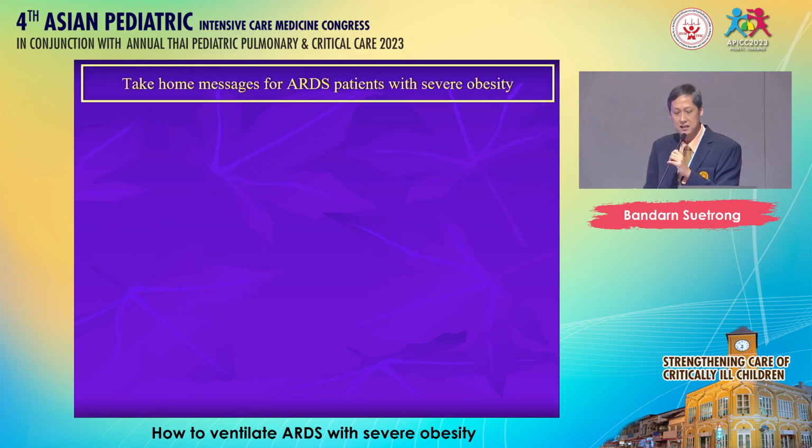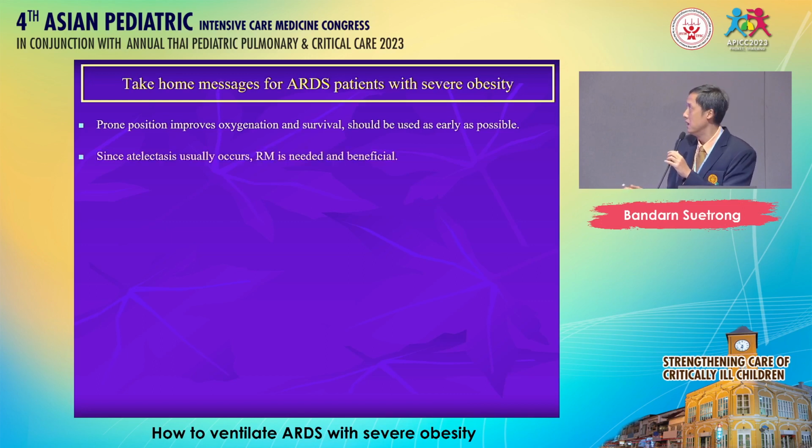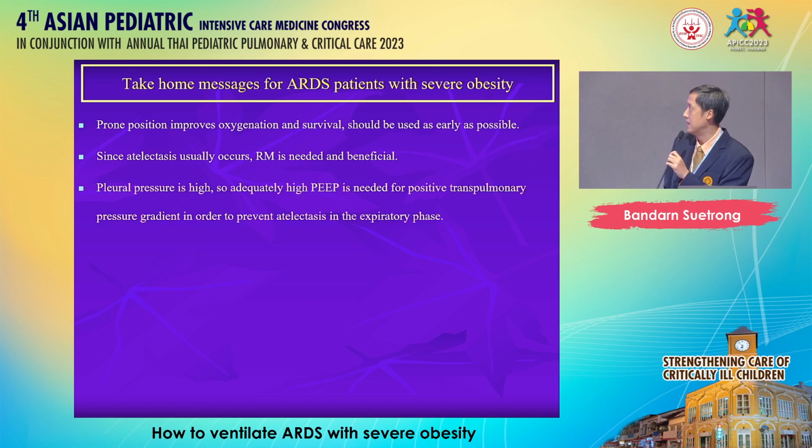So, summary: if you ventilate ARDS with severe obesity, you should use the prone position as soon as possible. You should use the recruitment maneuver in every single case of patients with severe ARDS and severe obesity.